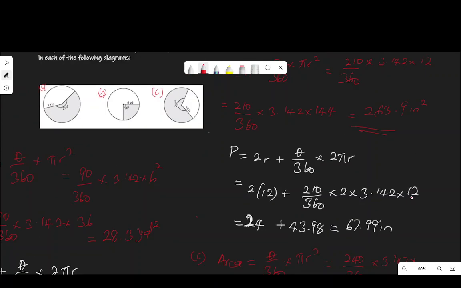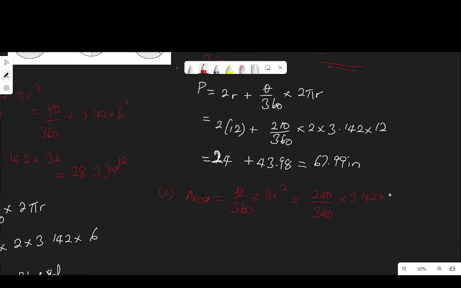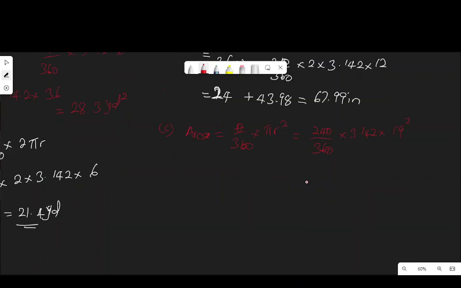Then the radius is 19 times 19 square, which is, let me put that into calculator. 19 square is 19 times 19, which is 361.